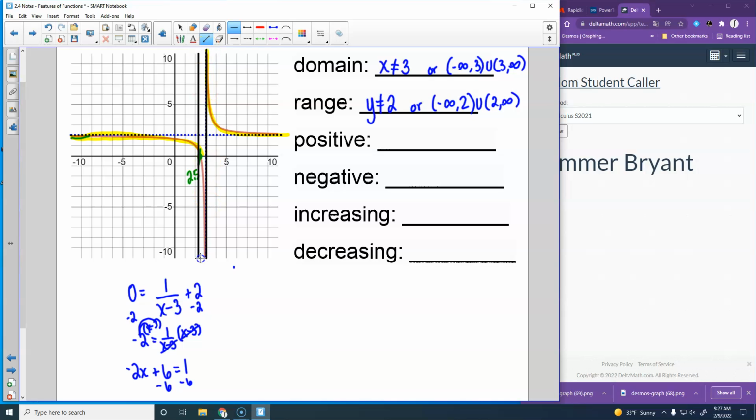I would be above the x-axis everywhere over here, all the way to negative infinity, up until I get to 2.5. So I'm just going to use interval notation here, I think. Negative infinity to 2.5.